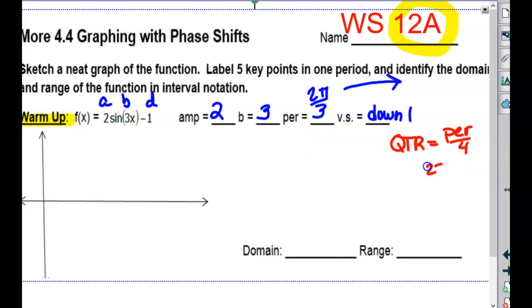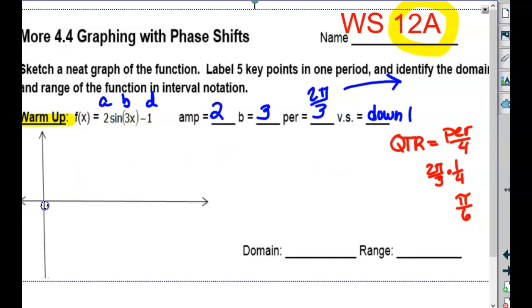So our period of 2 pi over 3, dividing that by 4 is actually the same as multiplying by what? 1/4. So we end up with 2 pi over 12. Can you reduce that though? Pi over 6, okay? So we're going to count by pi over 6s.